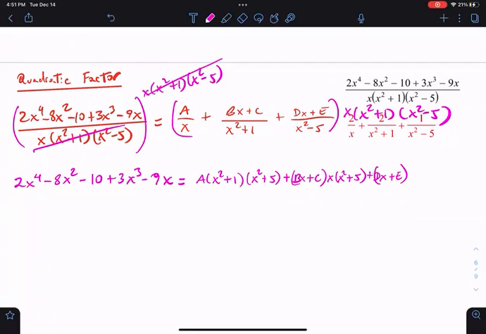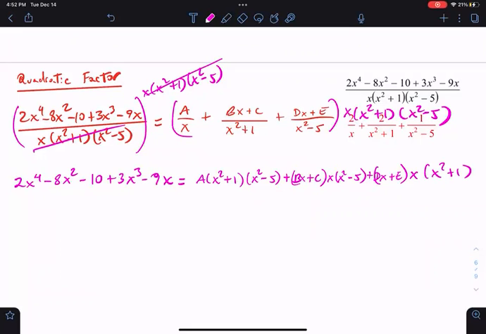So this is ax squared, this is minus 5. And then this is bx plus cx squared minus 5. And then dx plus e, x squared minus 5 cancels out with that. So this is x squared plus 1, okay?